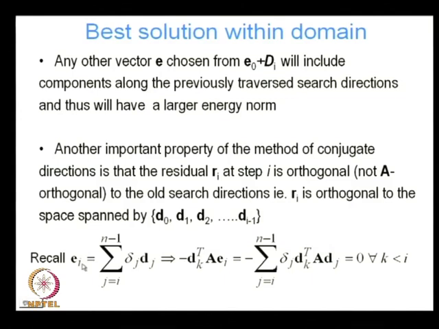Recall we have e_i equal to sigma j equal to i to n minus 1 delta_j d_j, that is e_i has components only in these vectors, it does not have any components from 0 to i minus 1. Which implies if I take d_k transpose A e_i, I get delta_j d_k transpose A d_j, and this is going to be 0 for all k less than i.